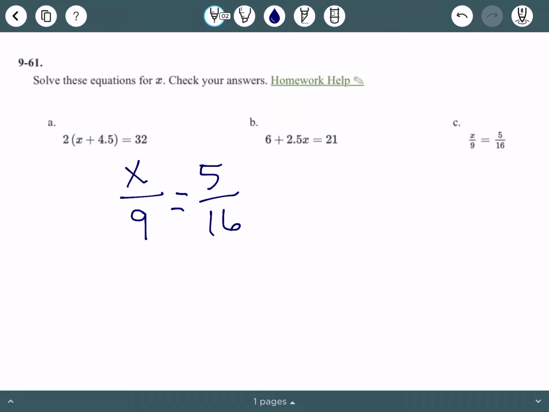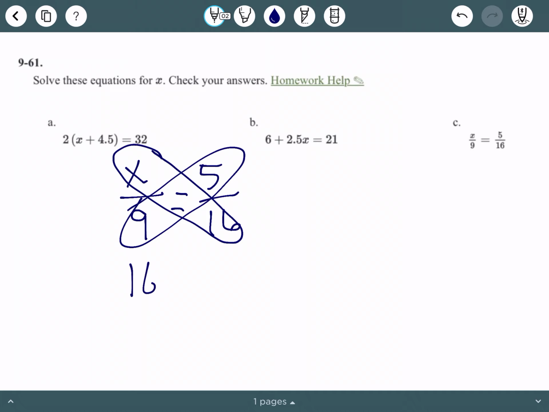If anything, it's not bad at all. We can cross multiply here. So we have x times 16, which is going to give me 16x. Then we set that equal to 9 times 5, which is 45. If anything, this is maybe easier than the others.